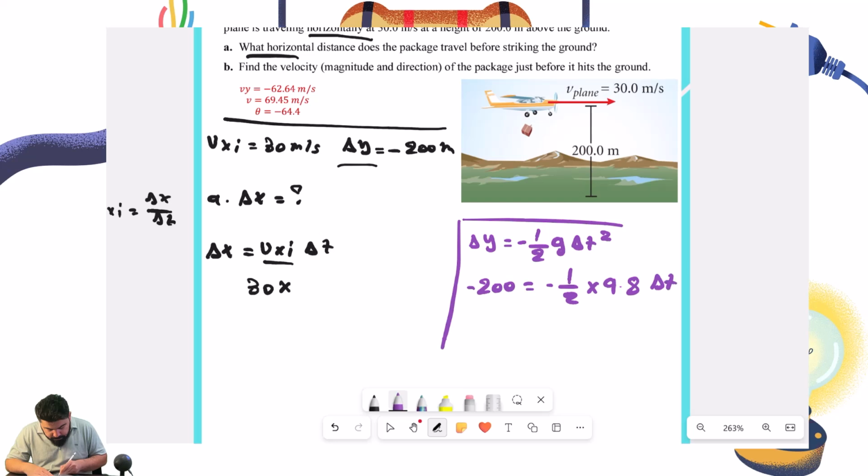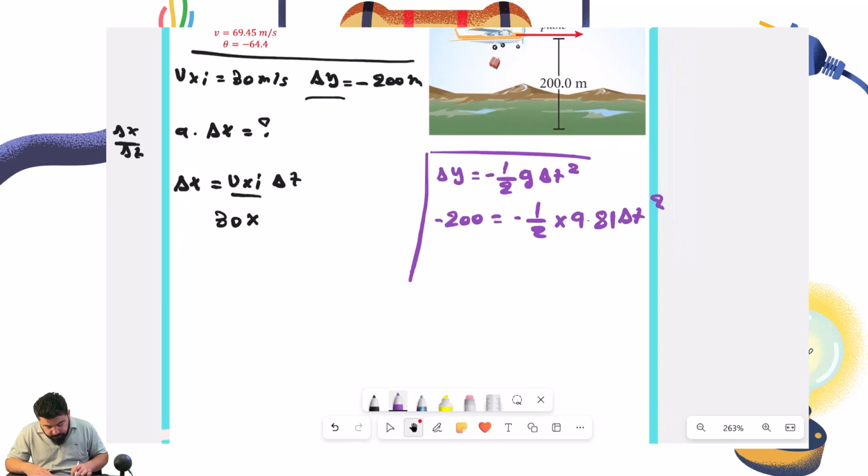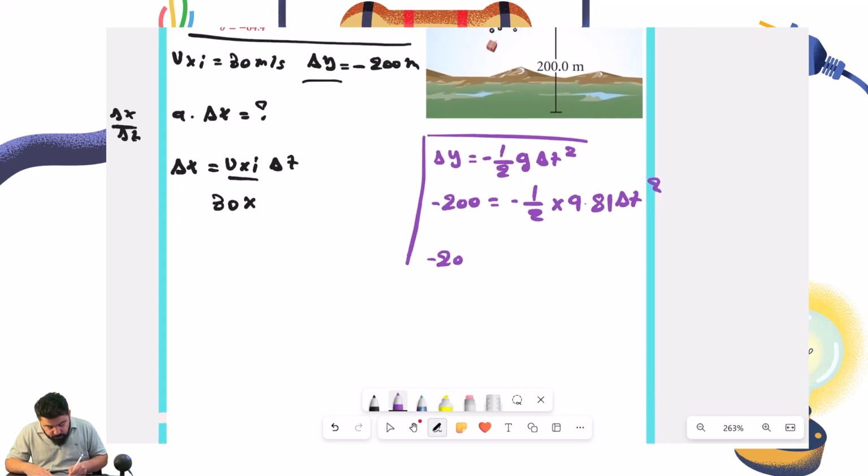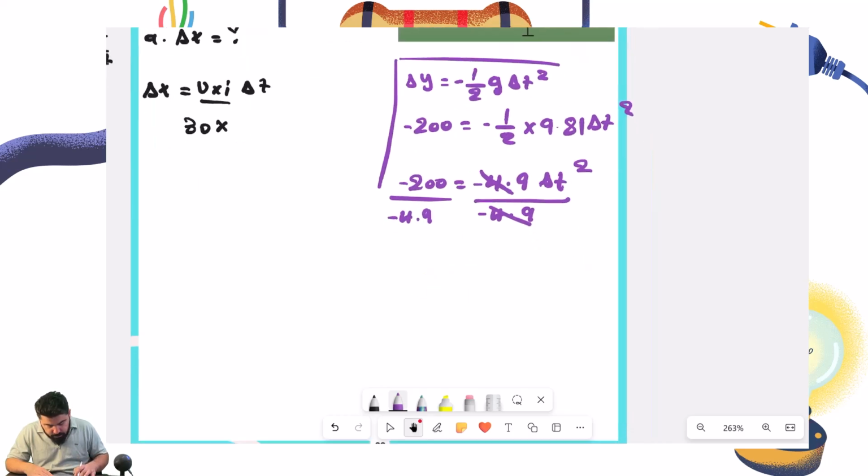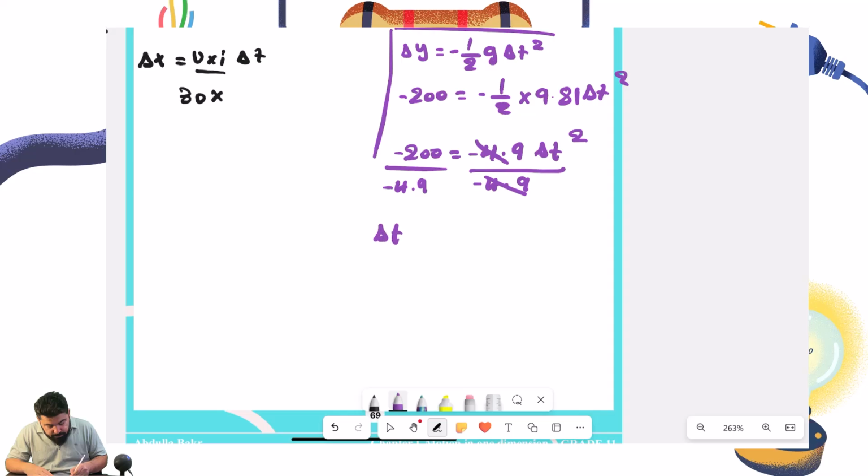Okay, so negative 200 is equal to negative 4.9 delta t squared. Divide this side by negative 4.9, divide this side too by negative 4.9. These two cancel. Delta t squared is equal to what? It is equal to 40.8.